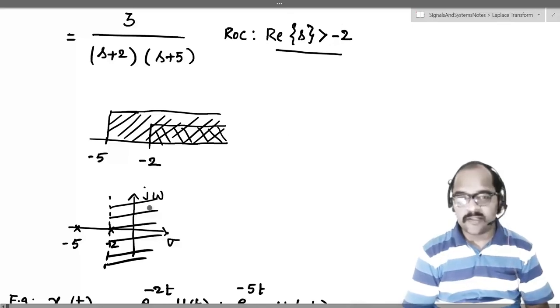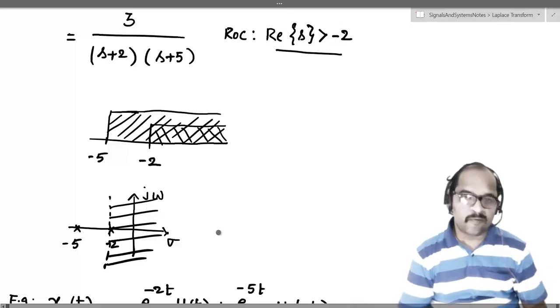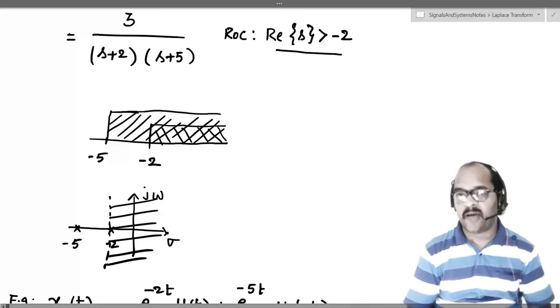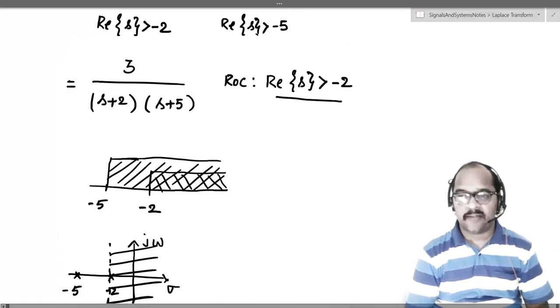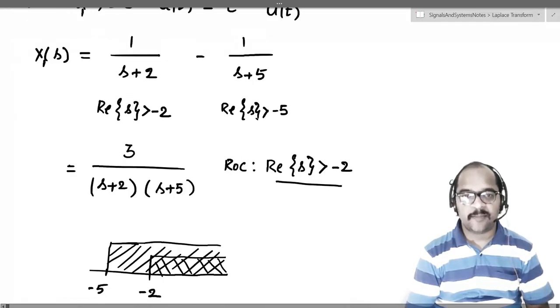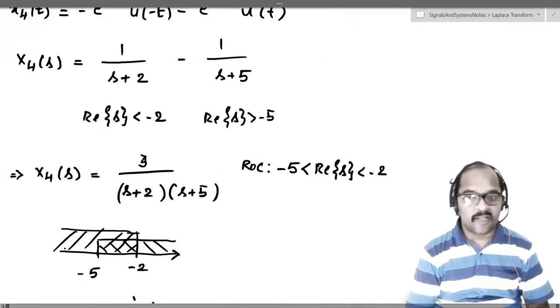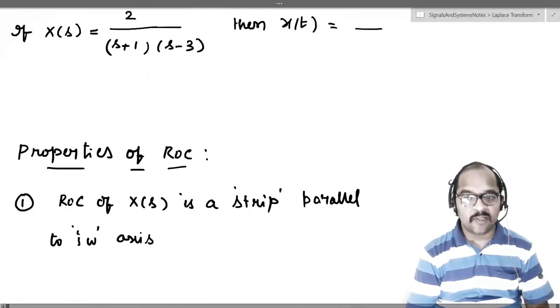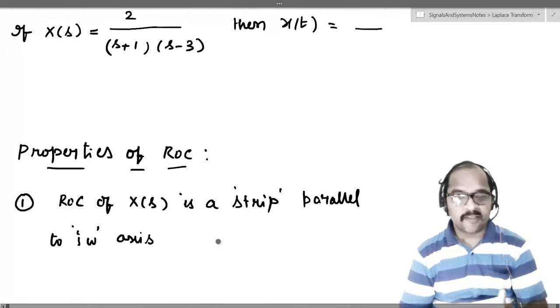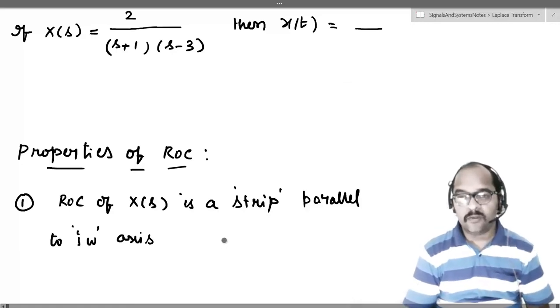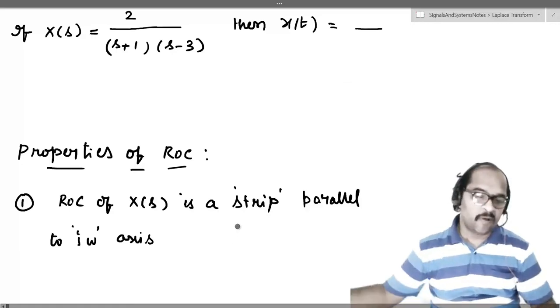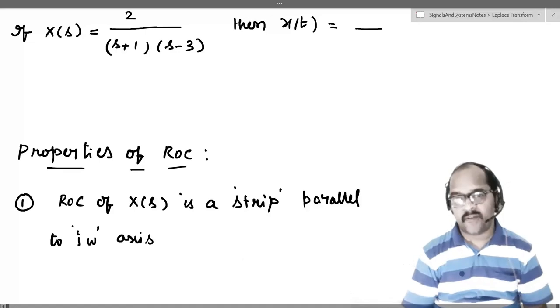Again it is a strip of infinite length, parallel to the j omega axis. In all the previous examples, you can easily notice that the ROC of X(s) is always parallel to the j omega axis. It can be of infinite length or of finite length.